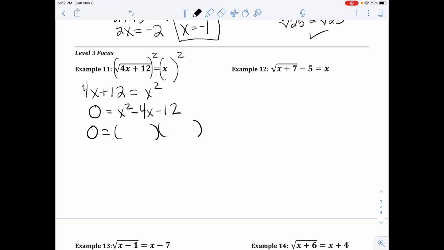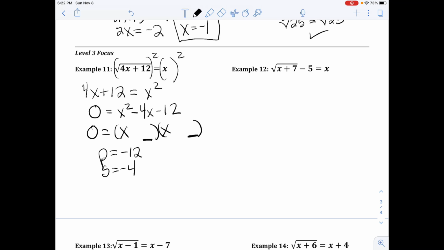And now we reviewed this. How do you factor? Well, you write two binomials. You write x in the first position for both binomials because x times x will give you x squared. And then in the second two positions, our pattern is we are looking for a product that is equal to negative 12 and a sum that is equal to negative 4.